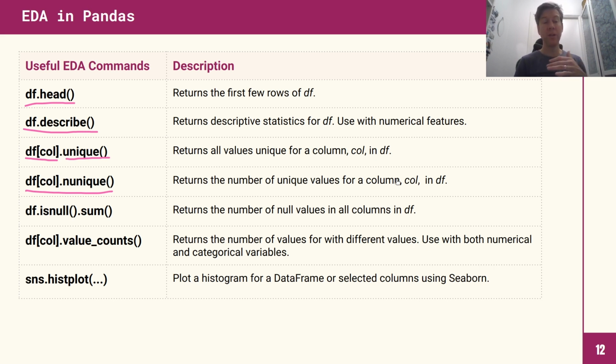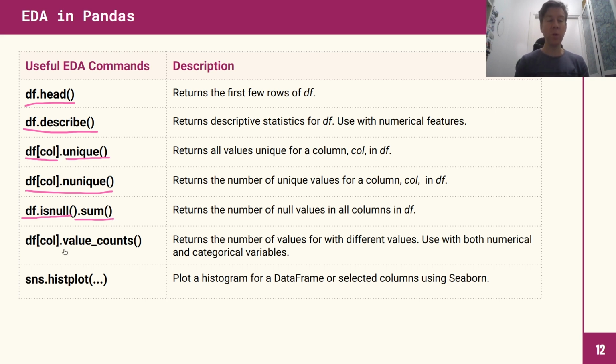Another thing that's important to do when you're inspecting and understanding your data is understanding if data is missing. If there's a null value in any of the columns in your data frame, you can figure that out pretty quickly by calling isnull over the entire data frame and then summing up the number of null entries in all the columns. This will return the number of null values for all of the columns in your data frame, a very useful operation.